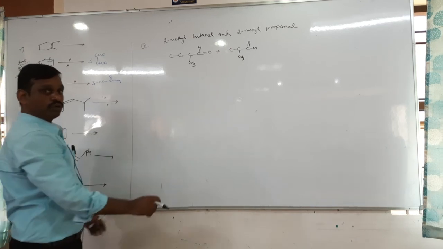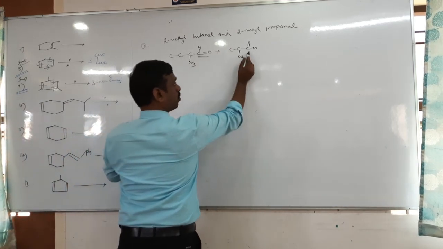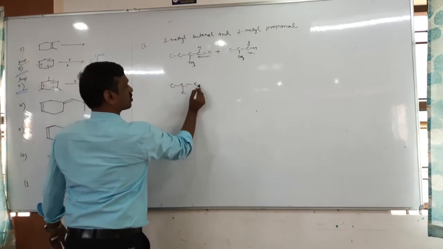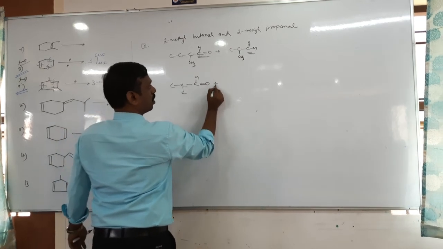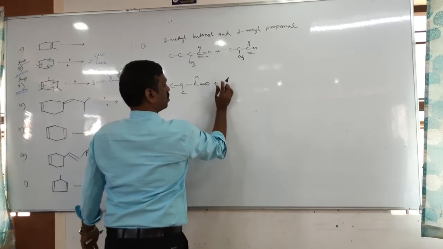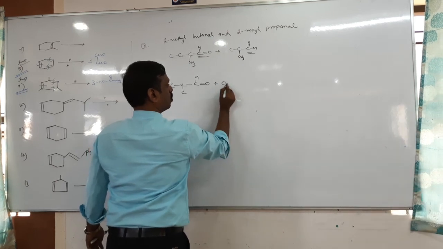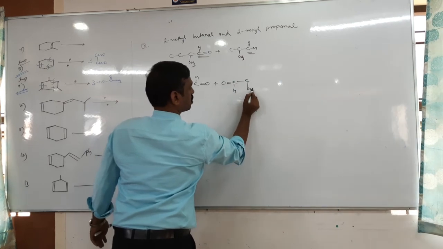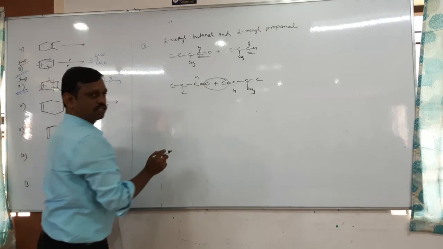Then what to do? In the 2 carbonyl groups, remove the oxygen. So therefore, I'll write like this. Hydrogen will be there, and this is C double bond O, H, this carbon, and CH3C. Remove the oxygen.